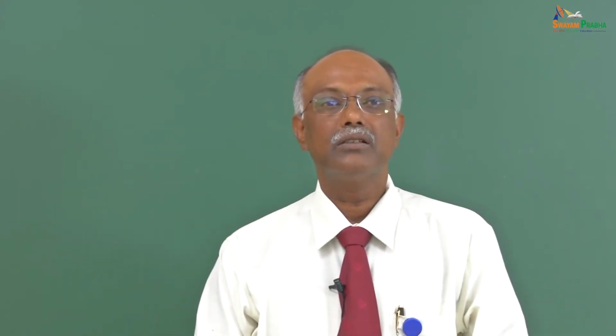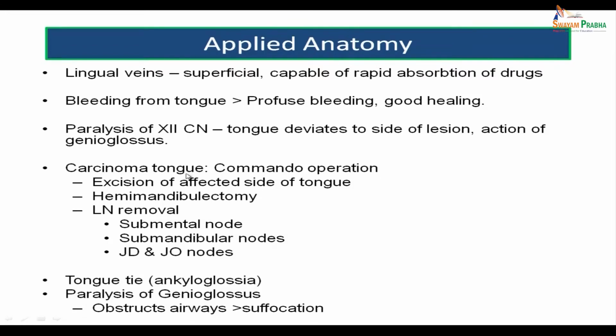Now, there is a condition, we have talked about carcinoma of the tongue, we have talked about the lymphatic drainage. A carcinoma of the tongue usually has a very rapid spread, and what is done is usually a commando operation in which there is the excision of the affected side of the tongue, that is, one side of the tongue is removed.